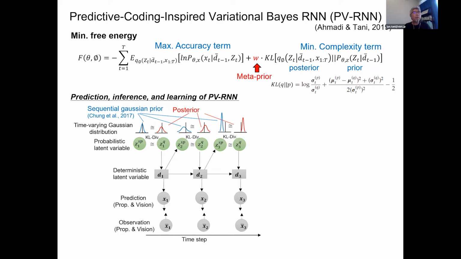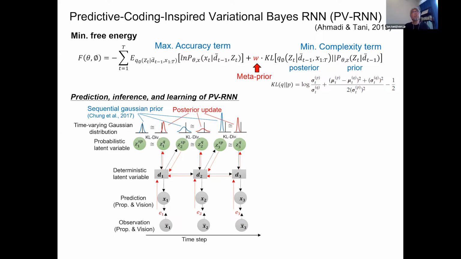Then reality comes. If there is an error, it is going to go bottom up and backpropagate through time, and the error comes to the posterior. Then we update this posterior using this error signal for minimizing the reconstruction error, as well as minimizing the KL divergence between the prior and posterior.